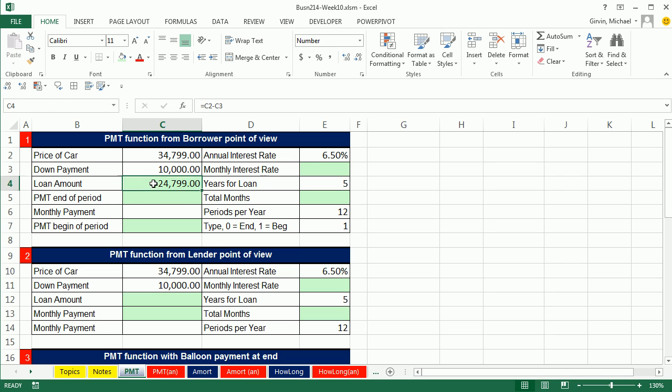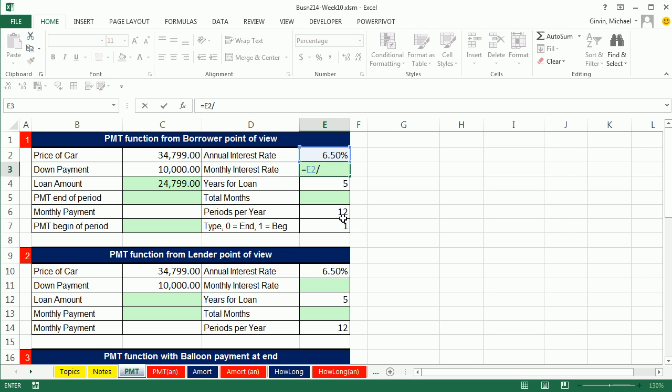All right, now I already did this first formula here. The amount we need to borrow, well, we take the price of the car minus the down payment. So that's the amount we borrow, and now we need to figure out what the payment is at the end of each month. That's going to be our monthly payment. But first we have to calculate our monthly interest rate. Well, we simply make a formula equals the total annual rate, and we need to chop it into 12 pieces.